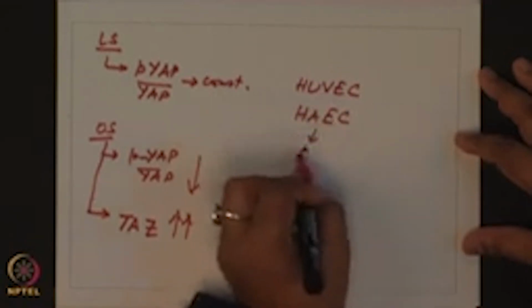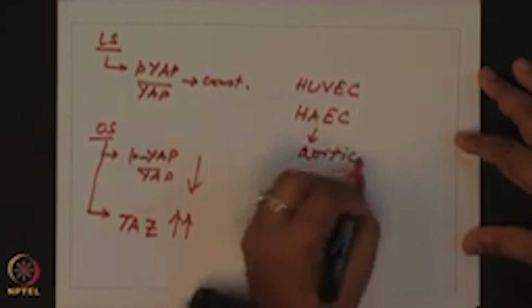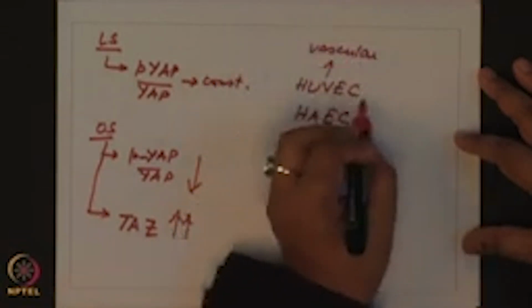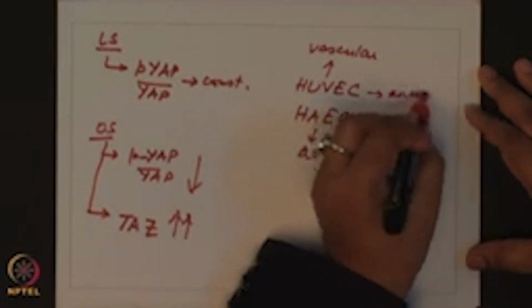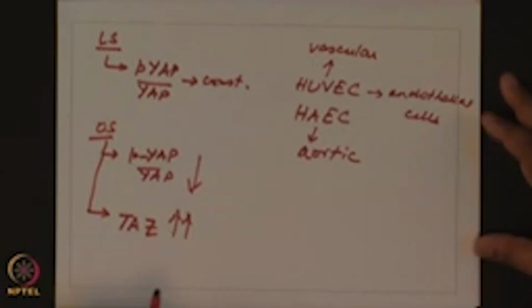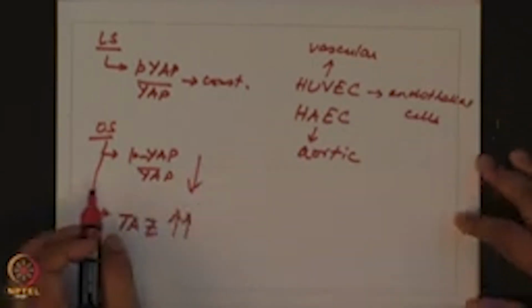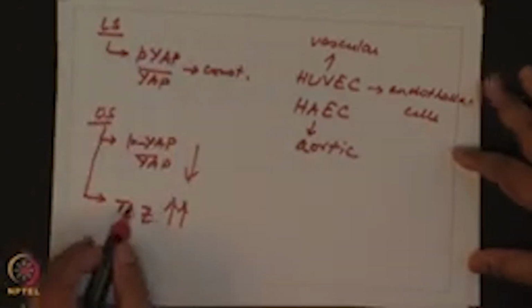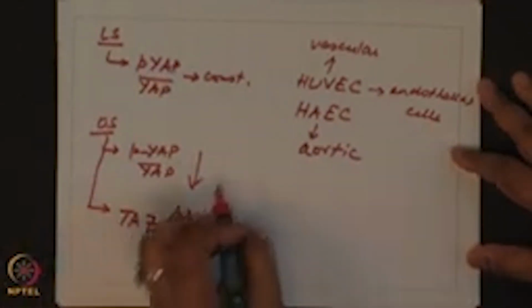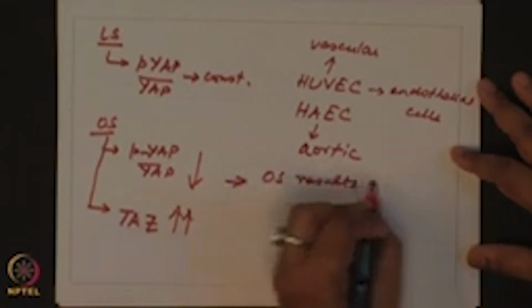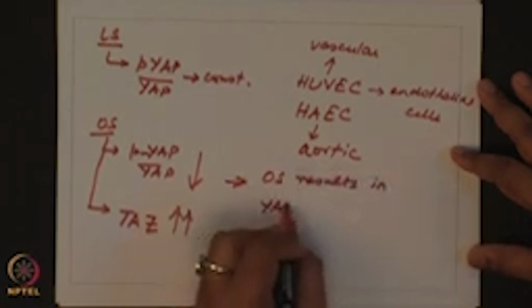So, this is aortic endothelial cells and this is vascular endothelial cells. EC stands for endothelial cells. In both these cases, they observed this particular profile, suggesting that OS results in YAP-TAZ activation.